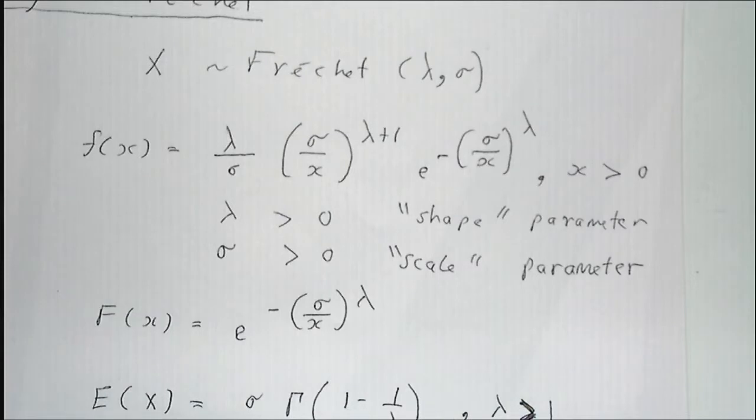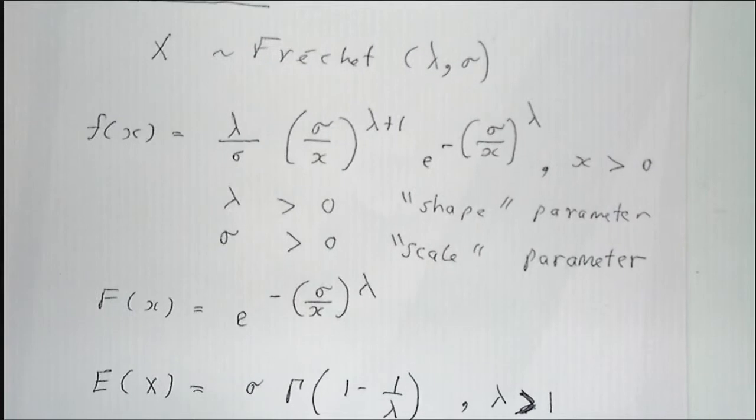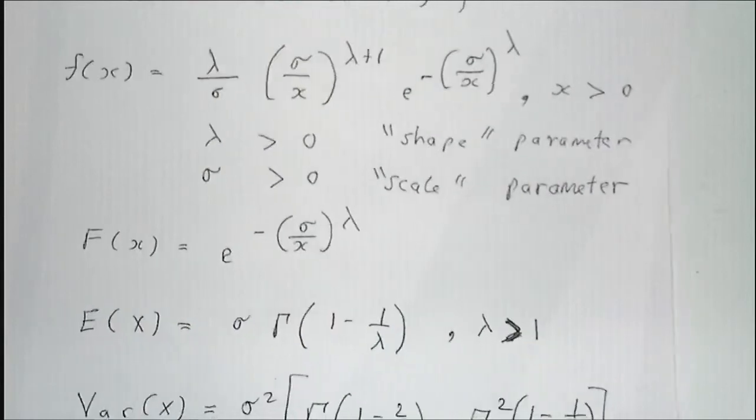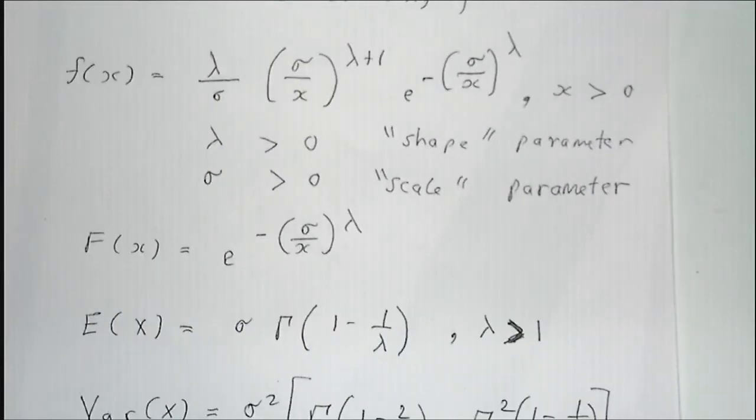And the variance can be written like this, where lambda is strictly greater than 2.